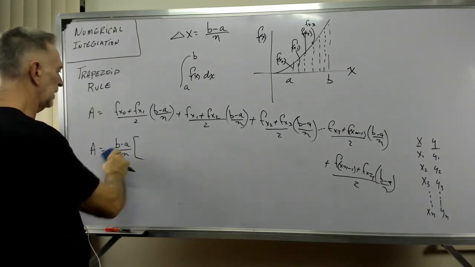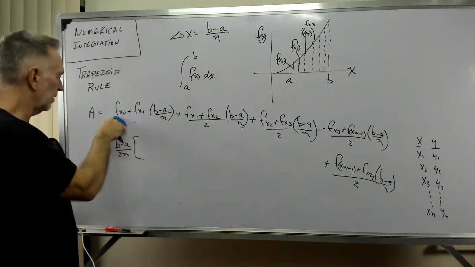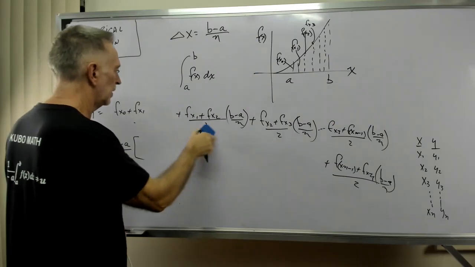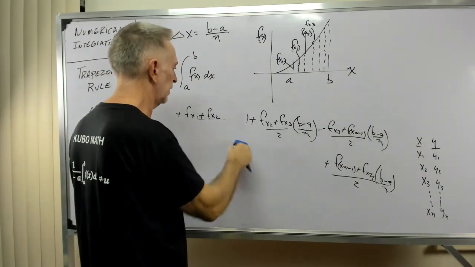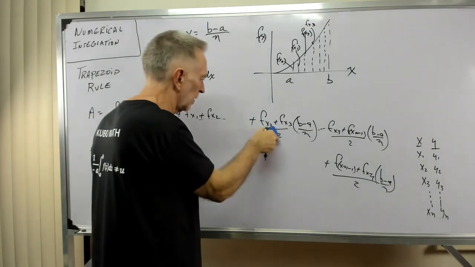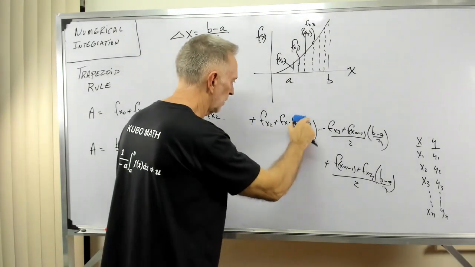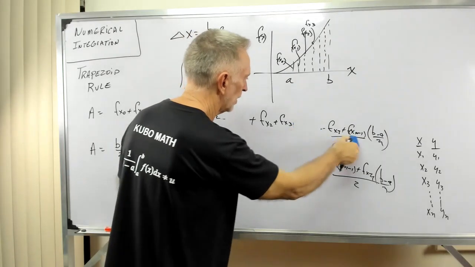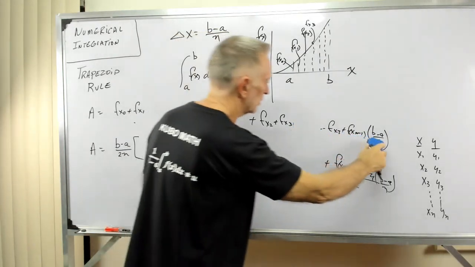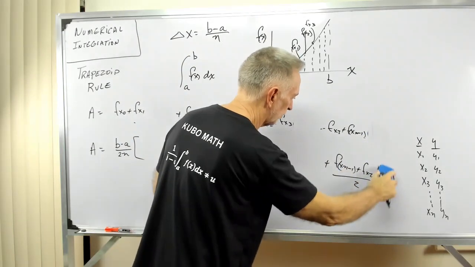So what does that leave me? Let me wipe that out up here. And I think you're going to see something interesting. Get rid of all of these because we factored it out. All of that's factored to the front.